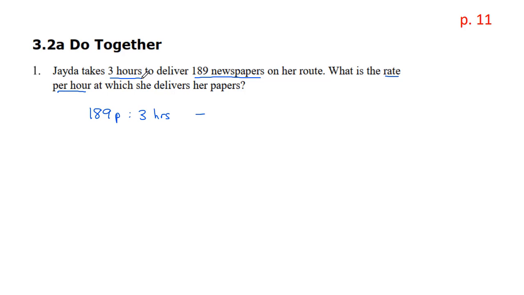So we want to make this equal to 1 hour. This is getting us to a unit rate. So we're going to take 189 and divide by 3. 189 divided by 3 is 63, and that 63 is over 1. So we are going to have 63 papers in 1 hour.